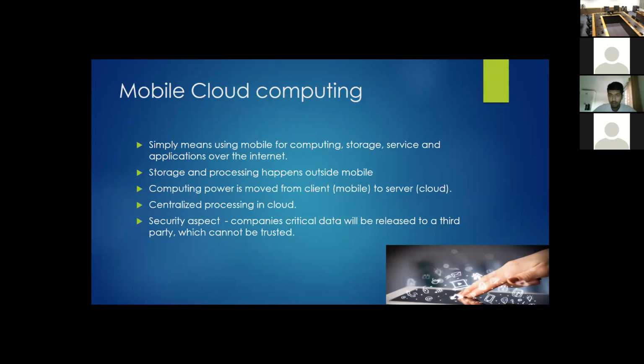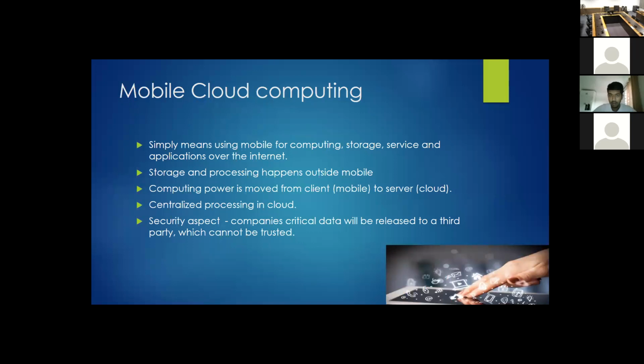This makes the computational power faster, because in the cloud we have huge servers with so much memory, and in our mobile phones we have limited resources. So through mobile cloud computing we can push all the processing to the cloud for faster processing. An advantage is that the phone's battery won't get exhausted and the processing won't get slower.